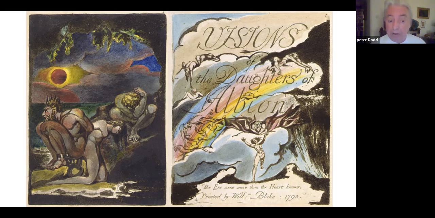What is absent is the question mark, but it's a statement by Blake. He signed it, and it's addressed to the reader, and particularly to me. Does the eye see more than the heart knows? Or am I just taking it at face value? Is he making a statement, or am I supposed to ask myself a question? I like the latter.